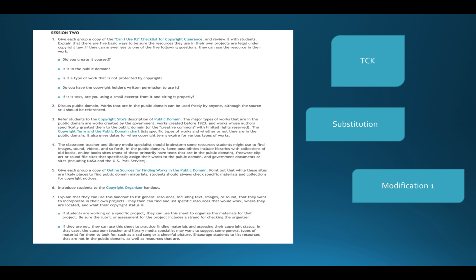And then one modification I noticed that I could possibly add, or that I would use, to make it a fuller application of the TPACK framework, would be to maybe only use online resources. So for 6 and 7, there's that copyright organizer handout and then questions to follow.